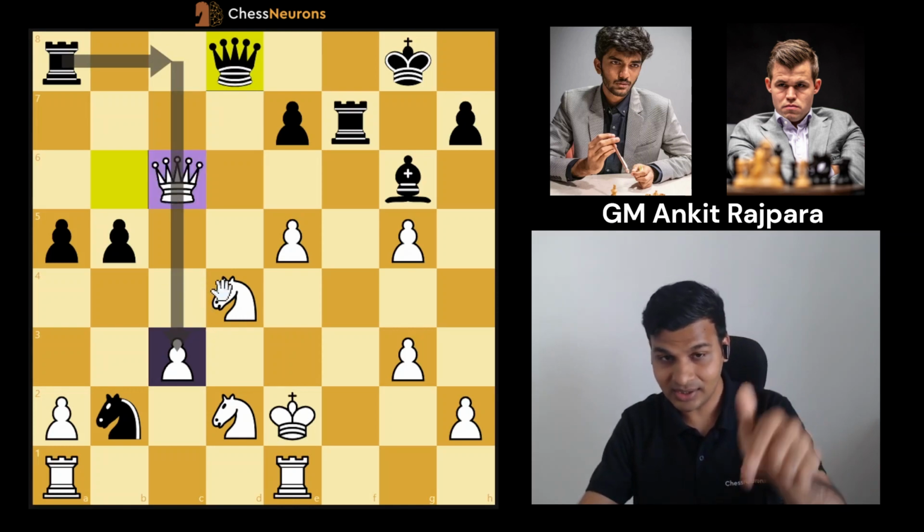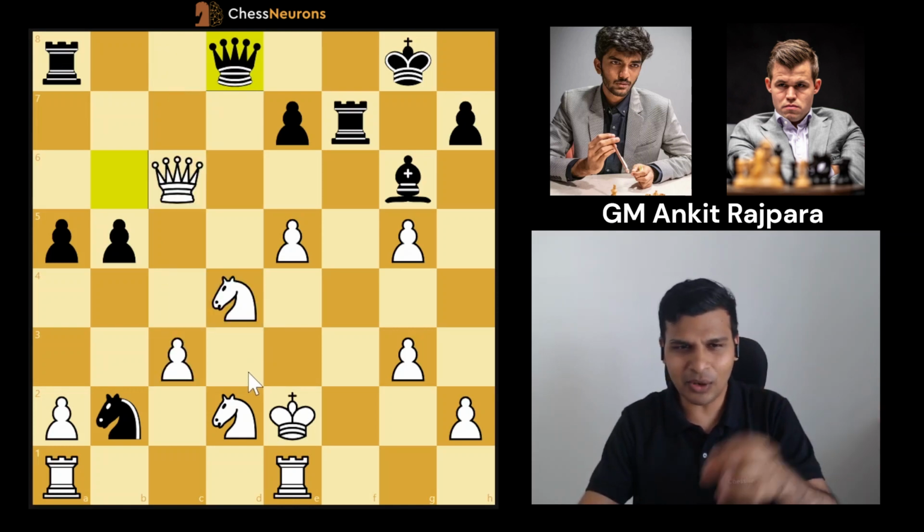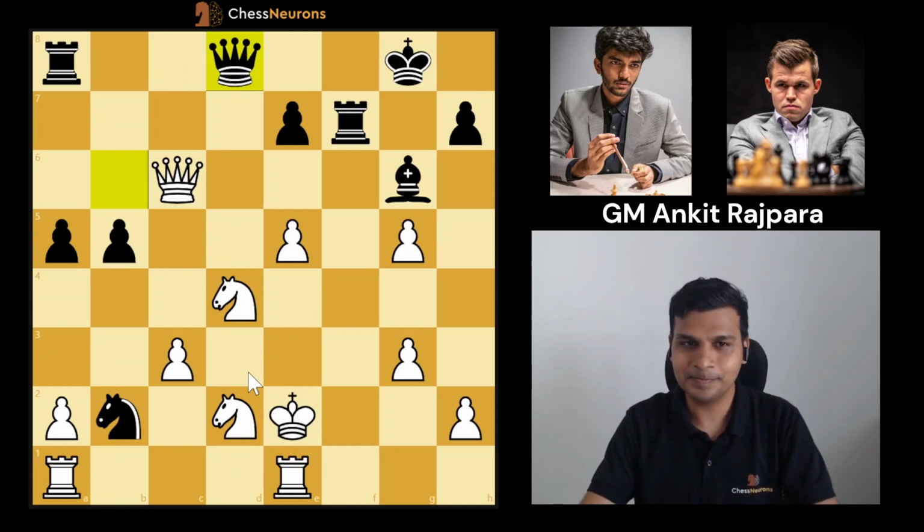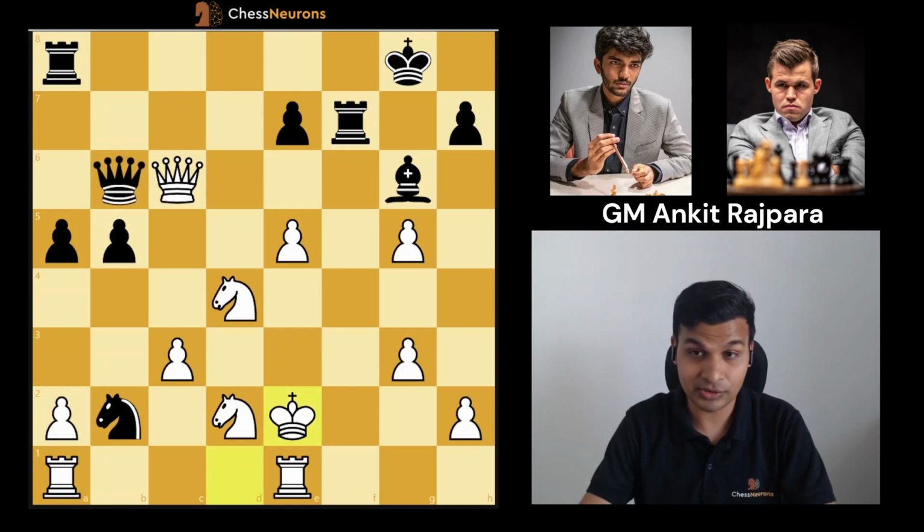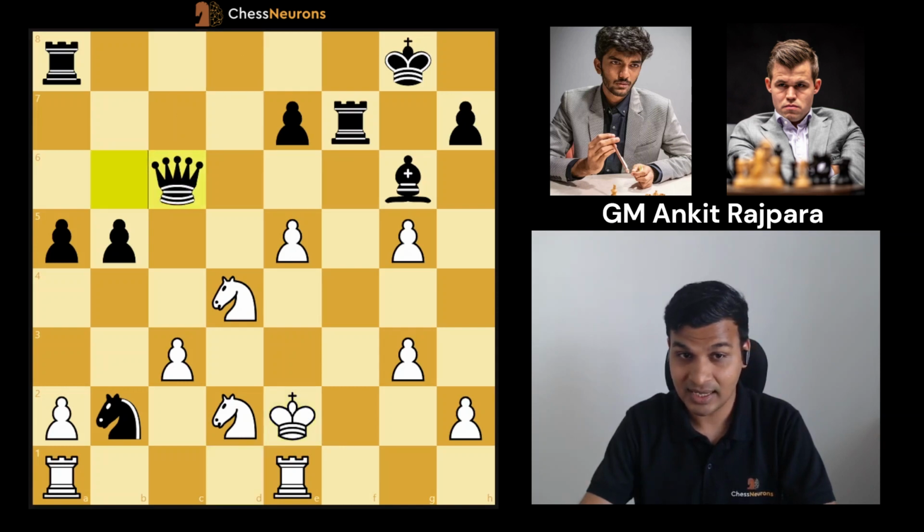And if that pawn is gone, this knight will be attacked, and all of Carlsen's pieces will be attacking white, and it's extremely difficult for white to defend with such a weak king. So this is what Carlsen should have played, but he exchanged the queens, and that gives some relief to Gukesh.